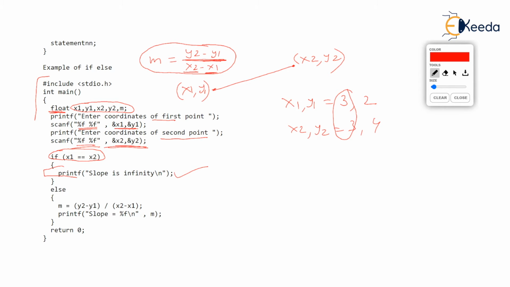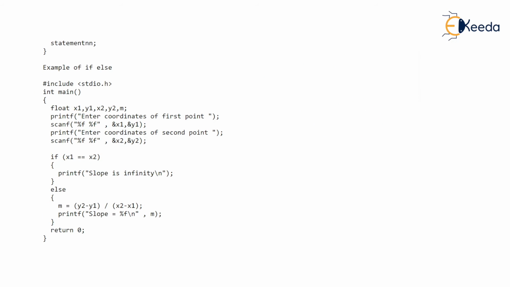But if x1 equal to x2 is false, maybe x1 y1 is 3 2 and x2 y2 is 4 4, then the slope exists. So we will land in else here. This else portion, as I am marking, will run if the if is false, and will calculate the slope and print it. So a very simple example of if-else was seen here.